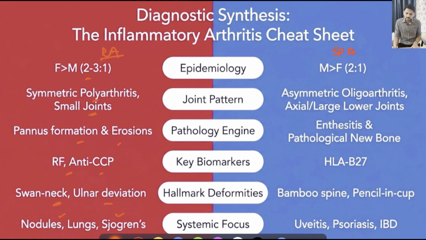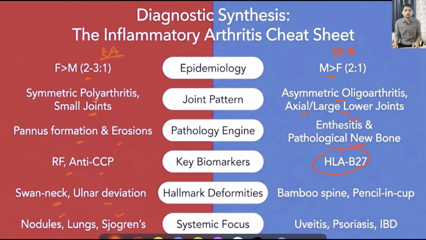Whereas for spondyloarthritis, it is quite equal or more in males compared to females, and commonly presents as asymmetric oligoarthritis involving axial or large joints of lower limbs. Enthesitis, dactylitis are all the hallmark pathogenic manifestations in spondyloarthritis, and new bone formation coexists with the bone erosion.